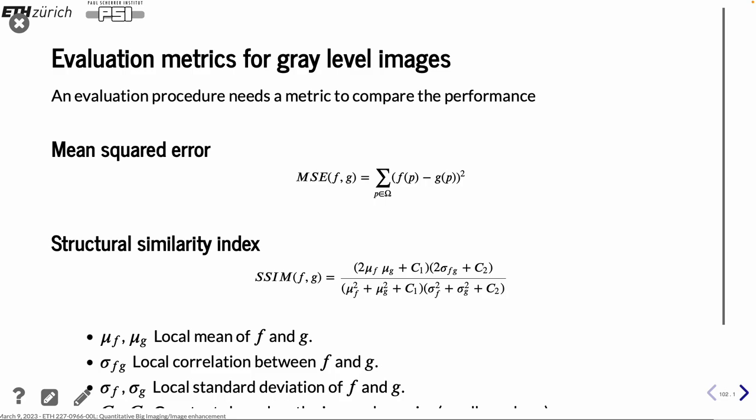There you can have a quite good idea of the correlation and similarity of images. And that one is also sensitive to intensity changes, it's sensitive to blurring, and so on.